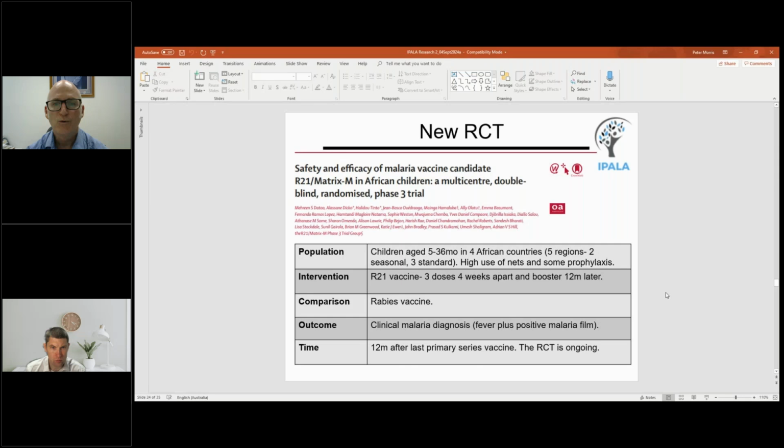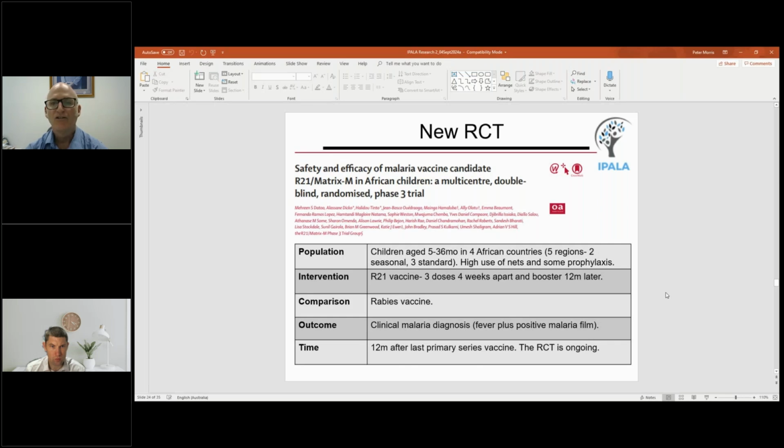There were 2 countries in West Africa and 2 countries in East Africa. The 4 countries contributed 5 regions. 2 of the regions had high rates of seasonal malaria, and 3 of the sites had lower rates of malaria but occurring all year round.